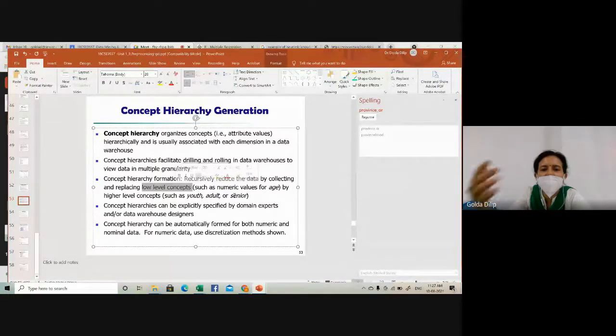Youth means the age group from this to this, adult means the age group from this to this, and senior means 60 plus, say 60 to 100. Concept hierarchies can be explicitly specified by the domain expert. That is what concept hierarchy generation is all about.